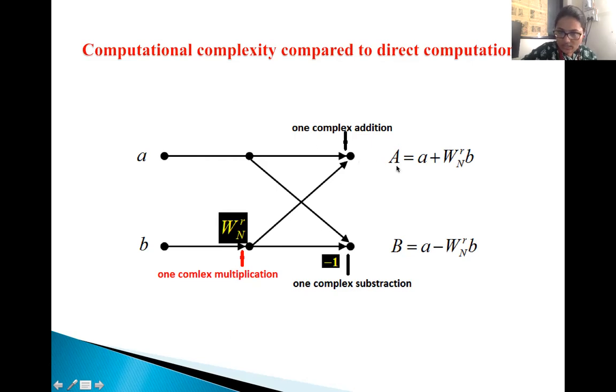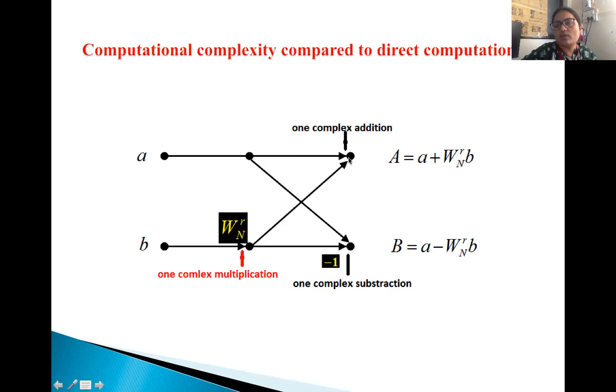Here the output at this point is A plus the multiplication W raised to R, suffix N, into B. So this is one complex addition, and here it is one complex multiplication. Only one multiplication is required, and two additions we are performing here.